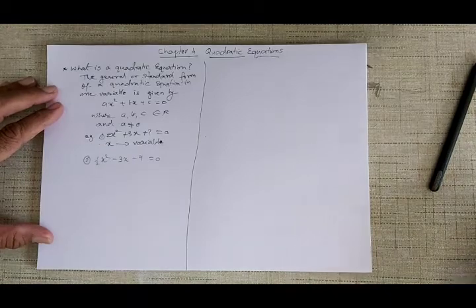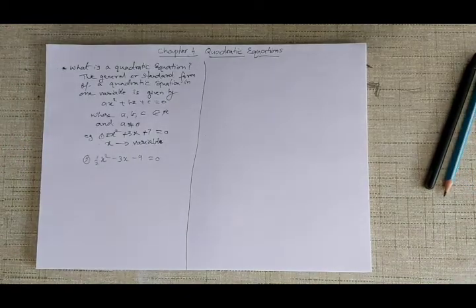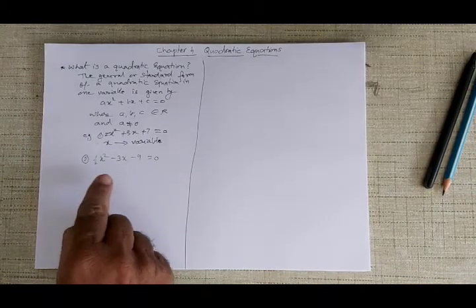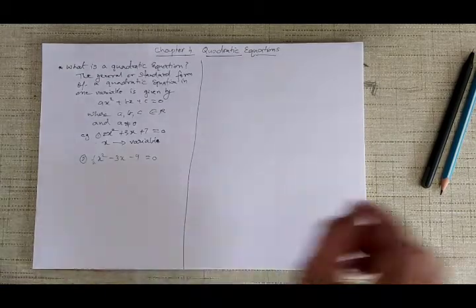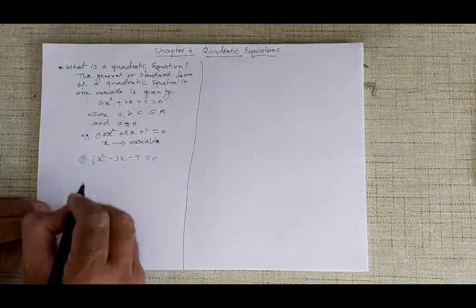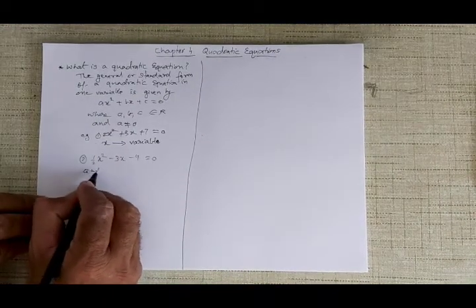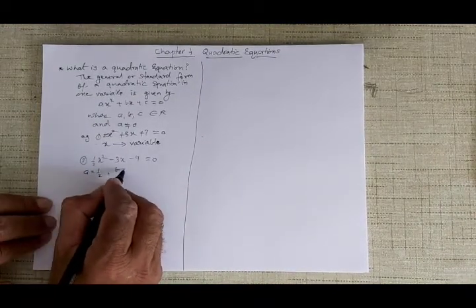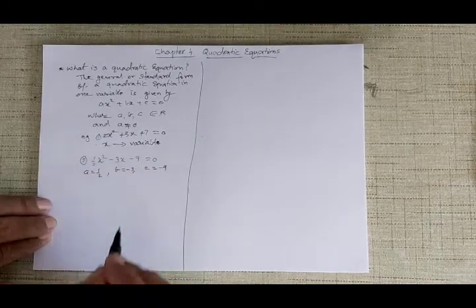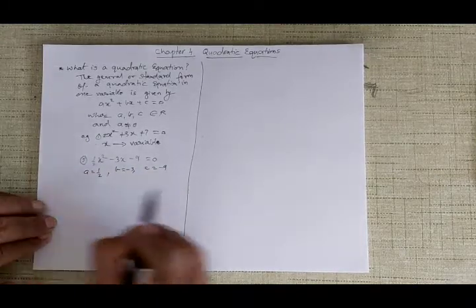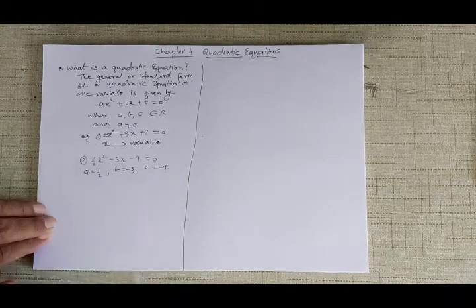Now in this case also, if you look at it carefully, the term in the beginning has got half x square minus 3x minus 9. Here a is equal to half, b is equal to minus 3 and c is equal to minus 9. And they are all real numbers. They belong to the set of real numbers, and a is not equal to 0.